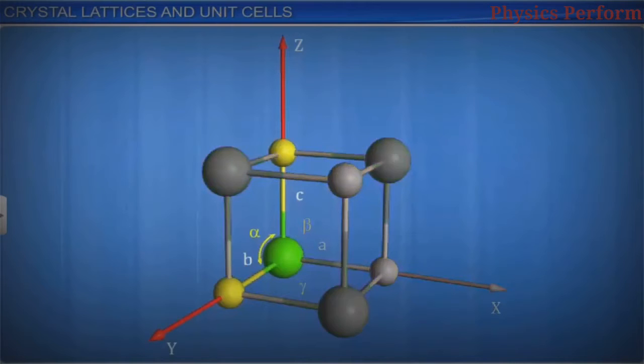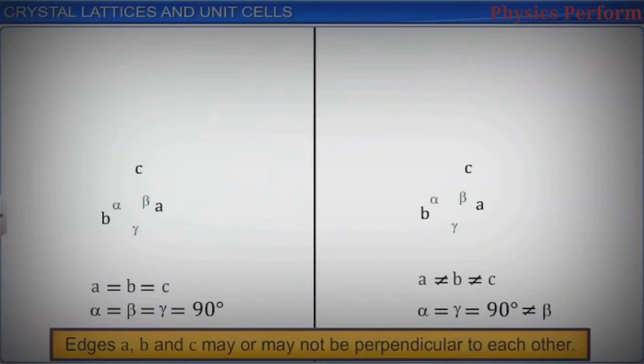Beta is the angle between edges c and a, while gamma is the angle between edges a and b, as shown here. Edges a, b, and c may or may not be perpendicular to each other.